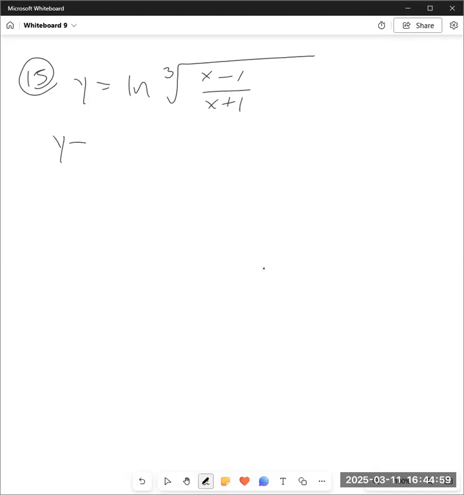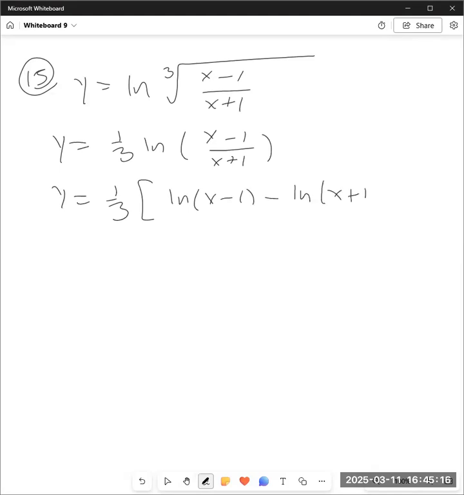So y is 1/3 natural log of x minus 1 over x plus 1. Y equals 1/3 of the natural log of x minus 1 minus the natural log of x plus 1. So y is equal to 1/3 ln of x minus 1 minus 1/3 ln of x plus 1.